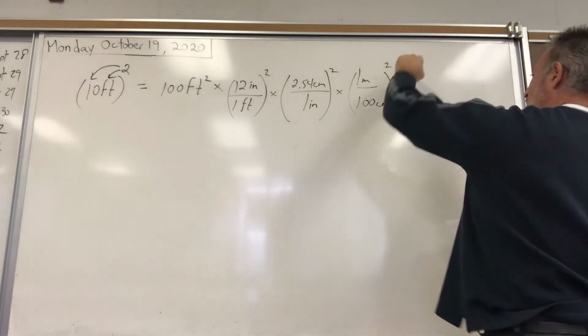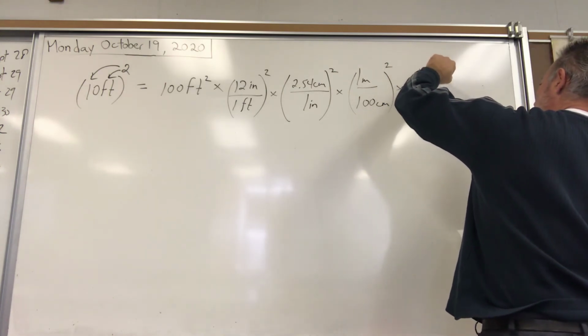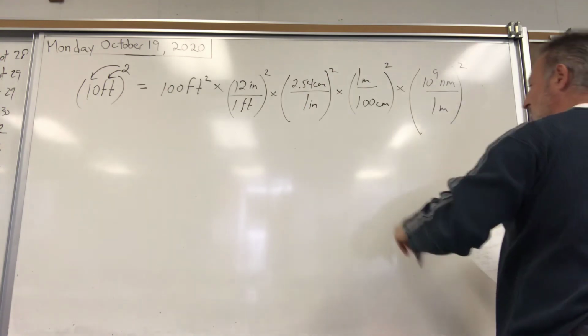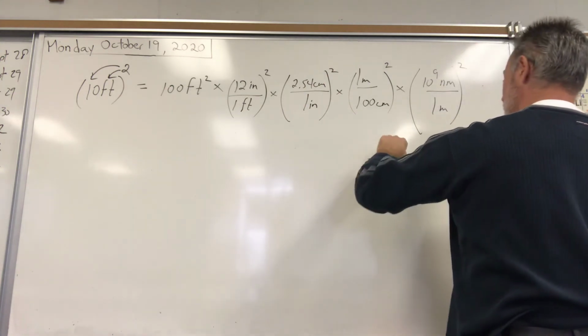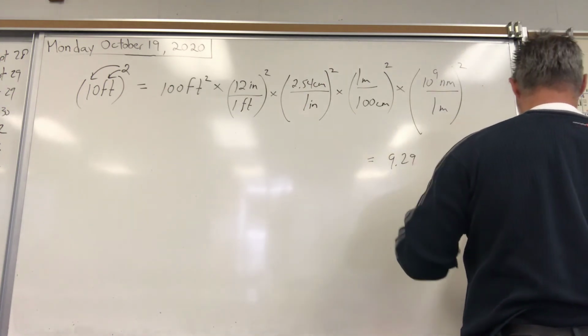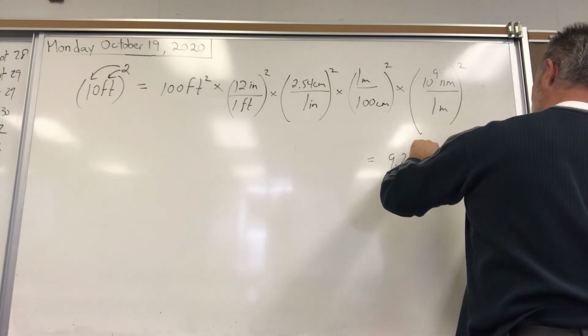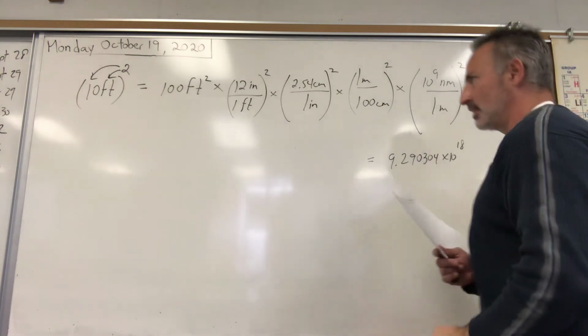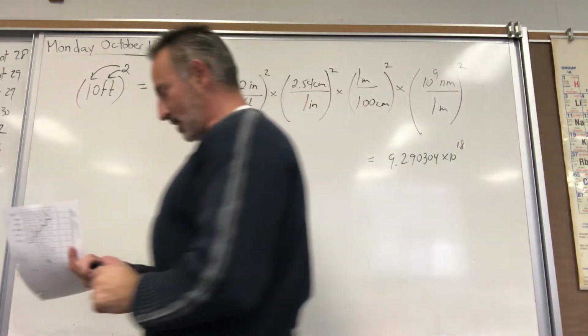And finally, there are 10 to the 9, a billion nanometers per every meter. Raise that to the power of 2. The answer you're going to get is 9.290304 times 10 to the power of 18. If you ask Siri, she'll tell you the same thing.